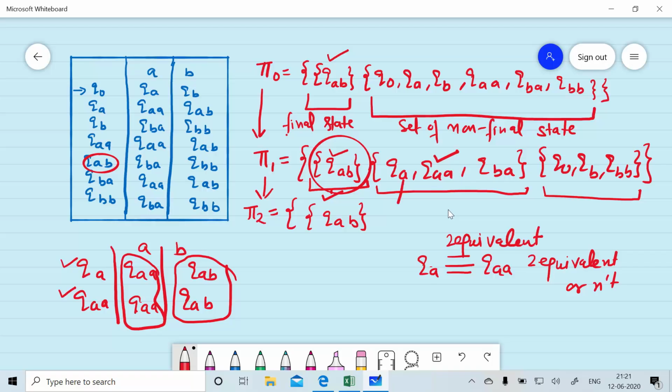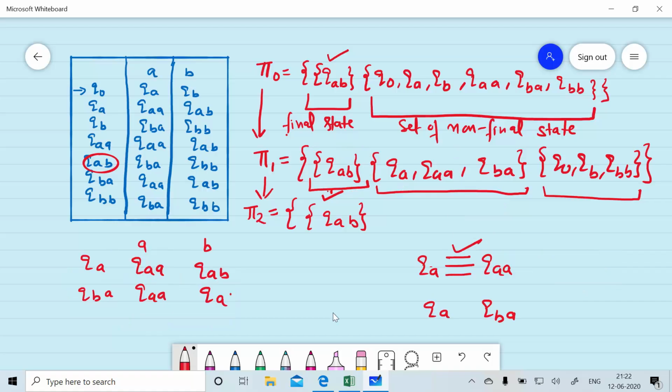Now we will check QA with QBA. Under A, both are giving QAA. QAA is present in this set, so they are behaving similarly. Under B, they are giving QAB. QAB is present over here, and again they are behaving similarly.